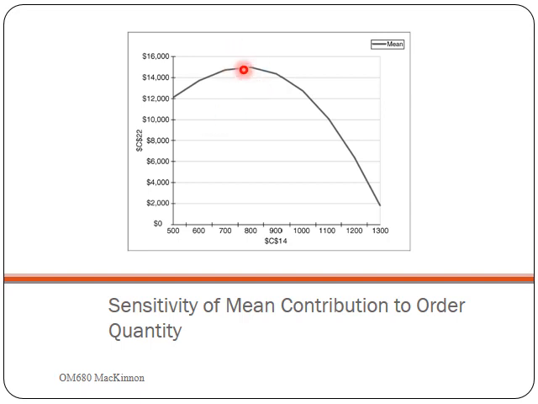Okay, so it's about $15,000. So that is our optimal value, somewhere along there. And remember, this is based on some uncertainty, so this is not absolutely written in stone, but this is what we're looking at.